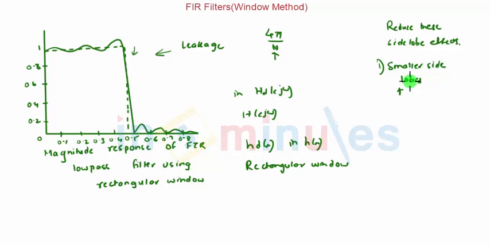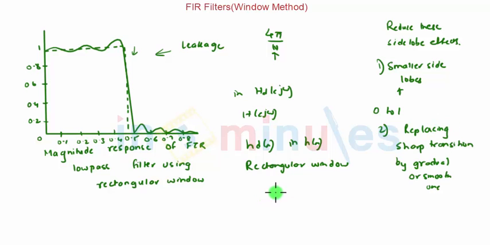In the case of the rectangular window, these high frequency components are due to sharp transitions from 0 to 1 at the edges of the window sequence. Hence, the amplitudes of these high frequency components can be reduced by replacing these sharp transitions with more gradual, smooth ones. This is the reason why we developed the triangular window, cosine window and many other types of windows. We are going to see them in further videos.